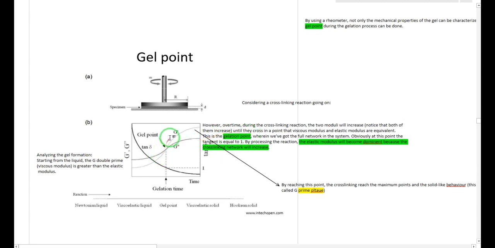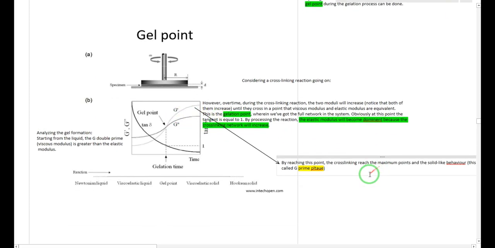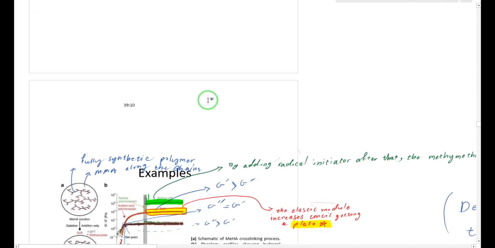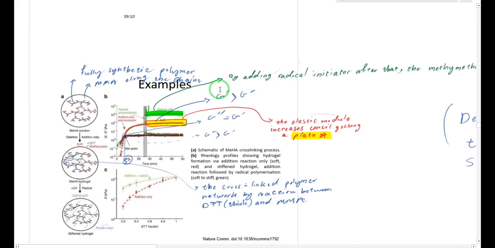And as we increase the cross-linking between the polymer chains, the elastic modulus will become dominant and it will increase due to the cross-linking of the polymers in the system. And after that we reach a plateau. You see here that there is no increase in G prime. This is because we have reached the maximum cross-linking possible.